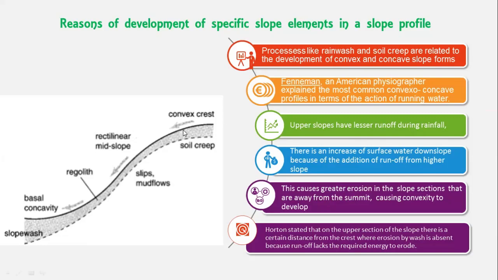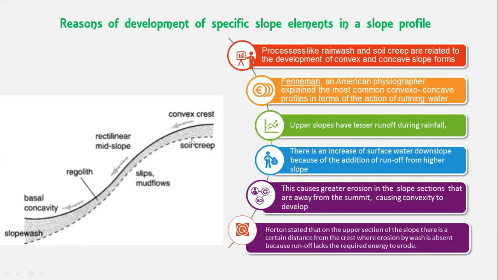According to him, these upper slopes have less runoff during rainfall, for the obvious reason that these are the divide regions. Also, in the upper crustal region, the interstream connectivity is less.